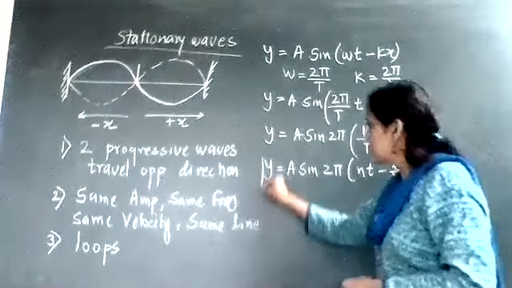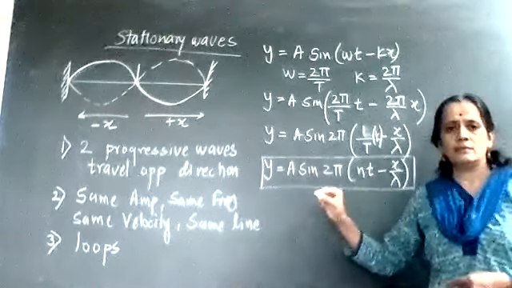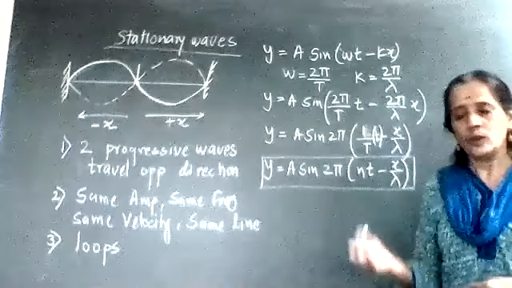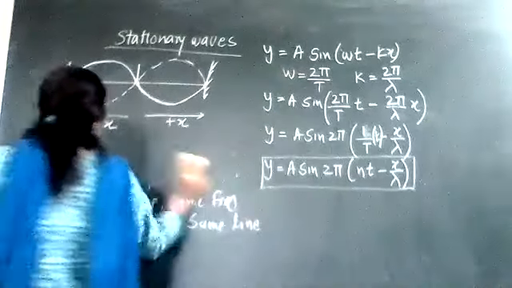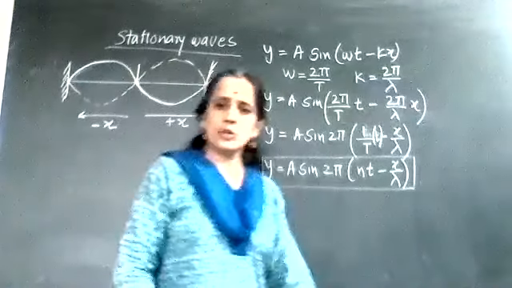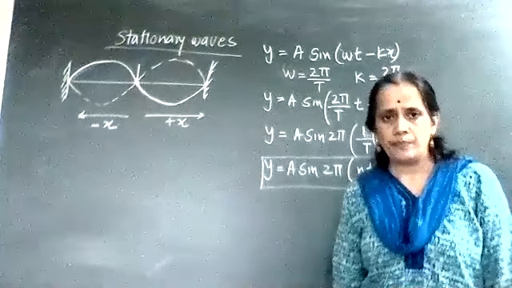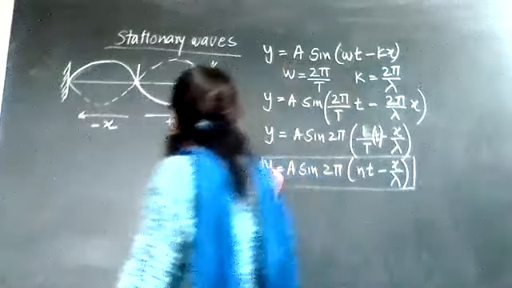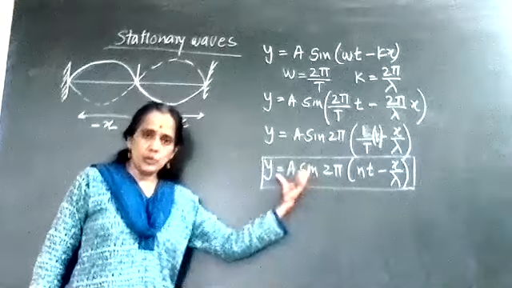Now this equation I am going to use to create the equation of stationary waves. In the pattern of stationary waves, one wave is traveling along the positive x-axis and another wave is traveling along the negative x-axis. So there are two waves. Let's consider the displacement of the first wave using this standard equation.